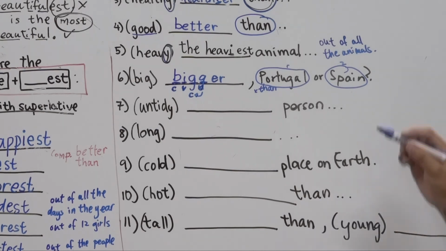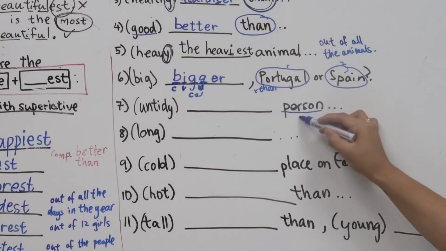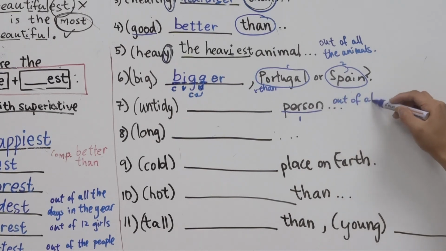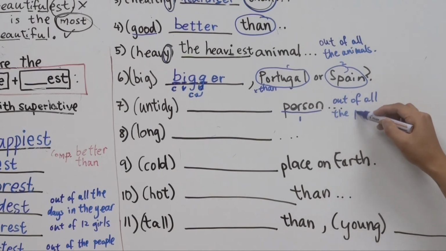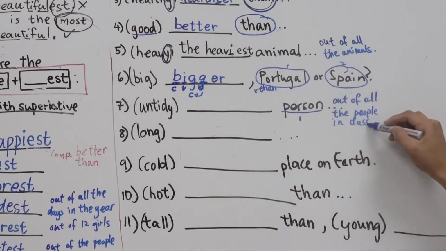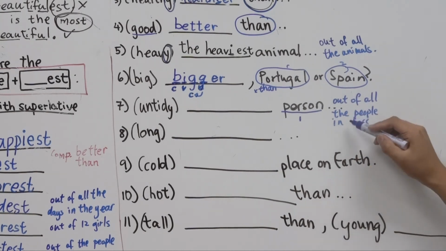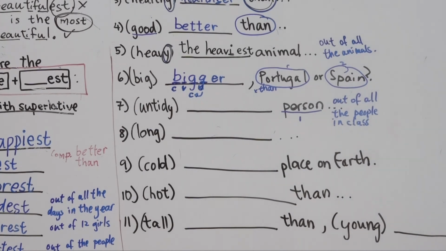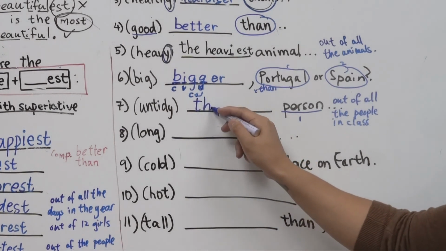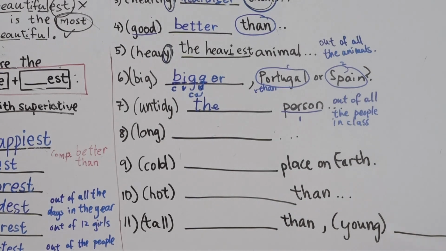But one way you can look at person, usually person means just one, okay? So one person out of all the people in class. Oops, this is a C, okay, not a D. C-L-A-S-S, okay? Class. So one person out of all the people in class is really untidy. So you can say that he or she is superlative, right? So the, what do you think?